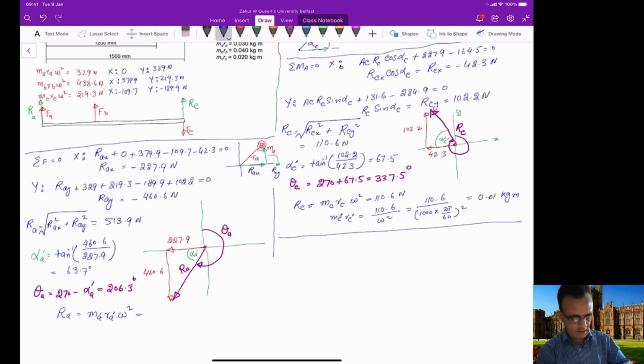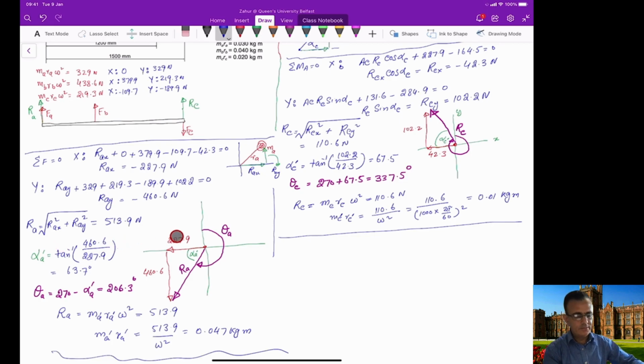This is given as 513.9, and if you want to calculate MA dash RA dash, you will divide this 513.9 by omega square, and this will be equal to 0.047 kilogram meter.